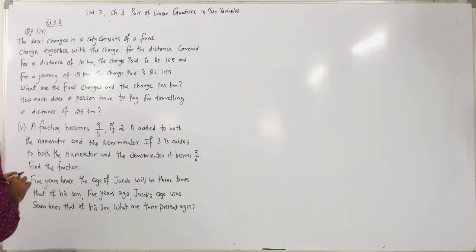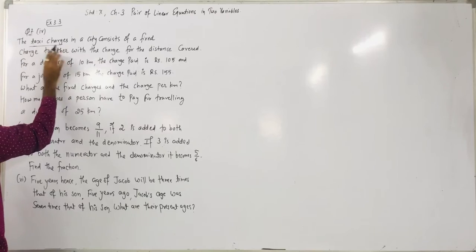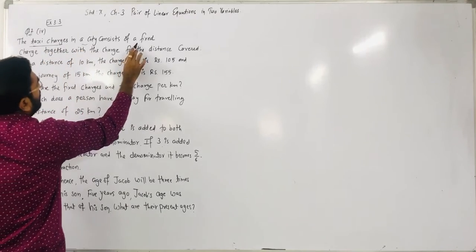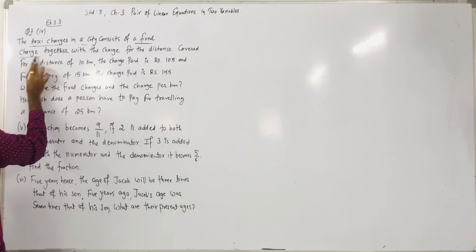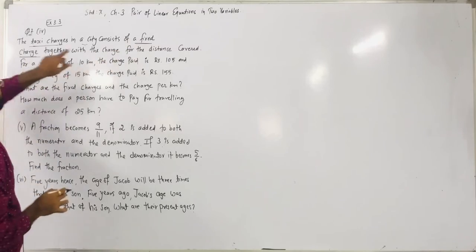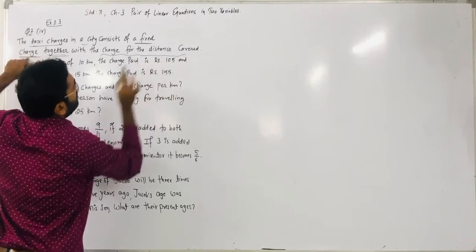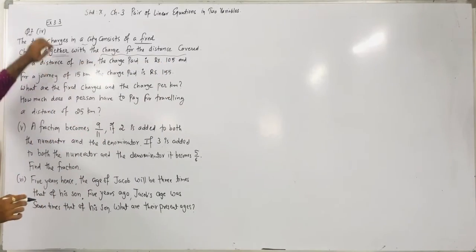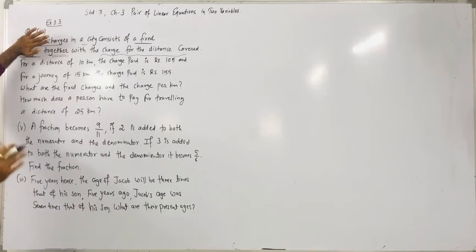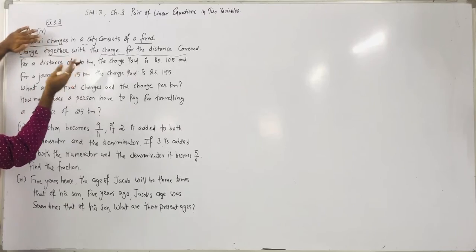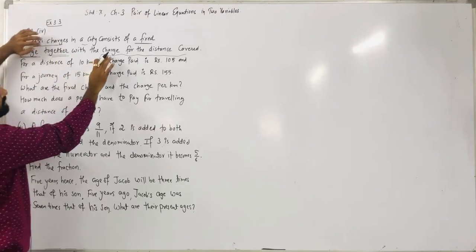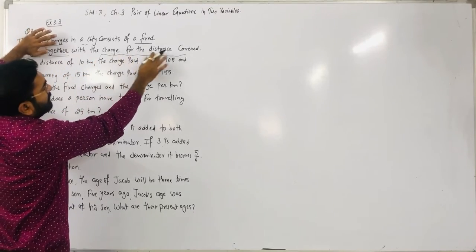In question number 4, the taxi charges in a city consist of a fixed charge together with the charge for the distance covered. So for the taxi charges, there is a fixed charge, some amount, and together with that they mention the charge for the distance covered.